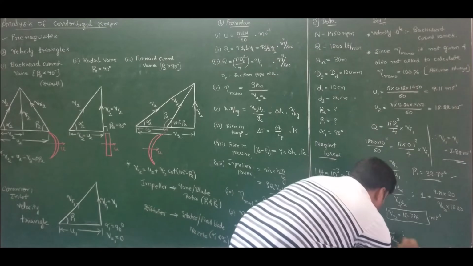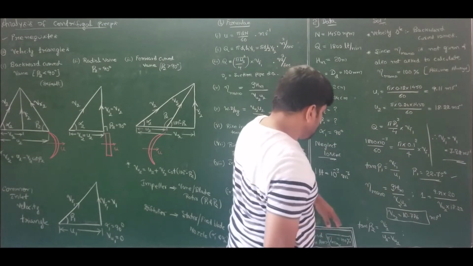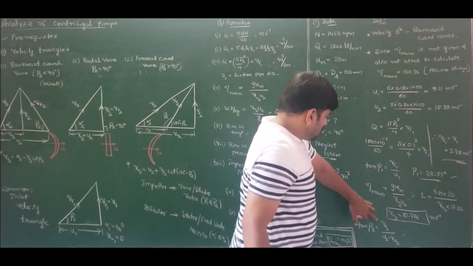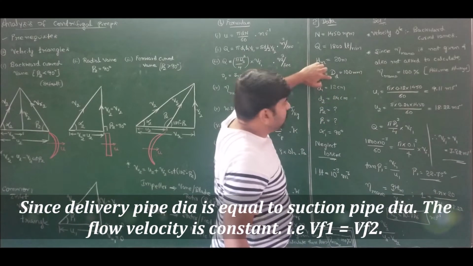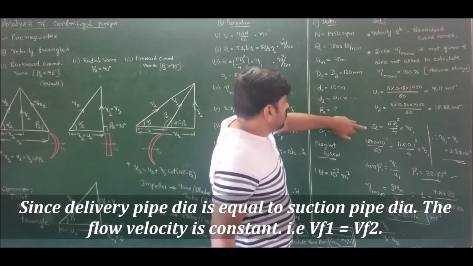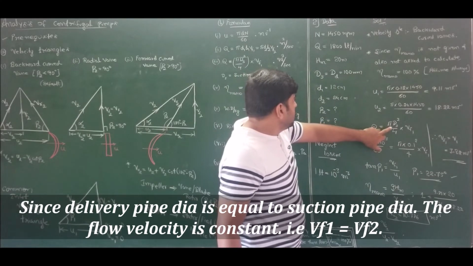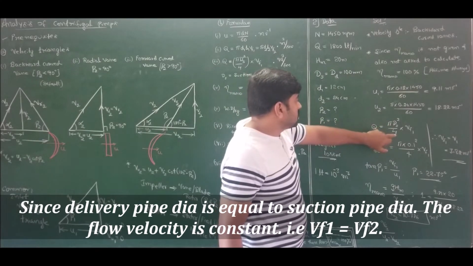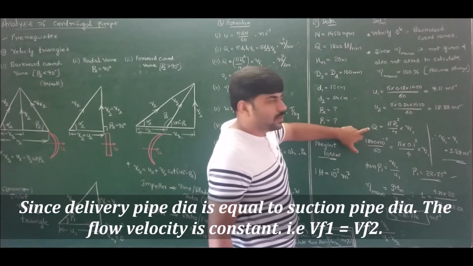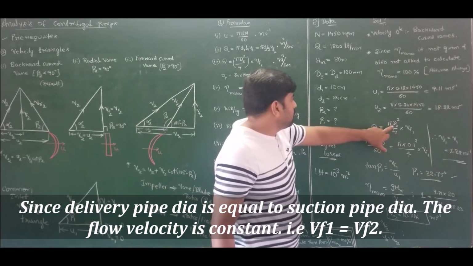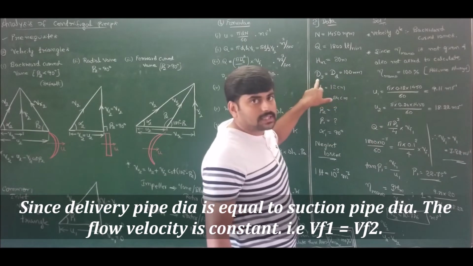Now if you observe, for the calculation of Vf2, we know the delivery pipe diameter. So Q will become pi into delivery pipe diameter square divided by 4 into Vf2. The careful observation is that Q is constant, and the delivery pipe diameter is the same as the suction pipe diameter.